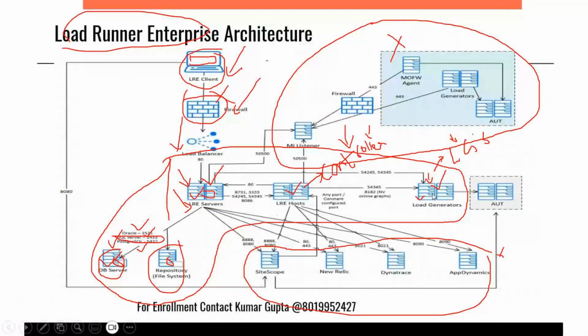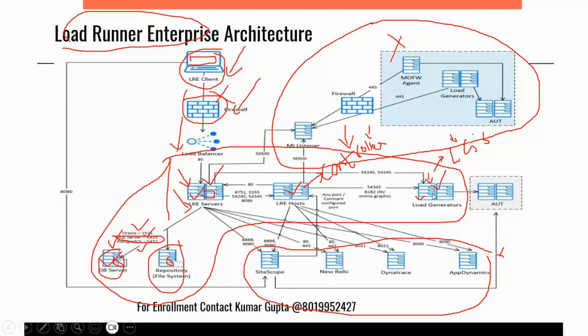Now, from the LRE client you have invoked the LRE. Obviously the request goes to the LRE servers, and the LRE server sends back the response. But when you create a new test set, it needs to coordinate with the controller.